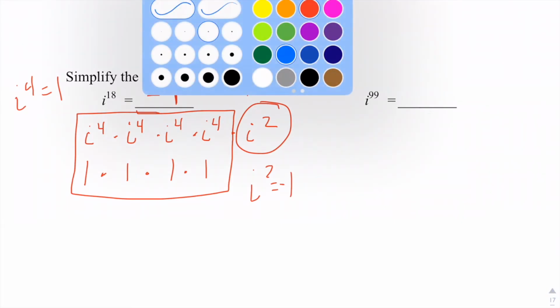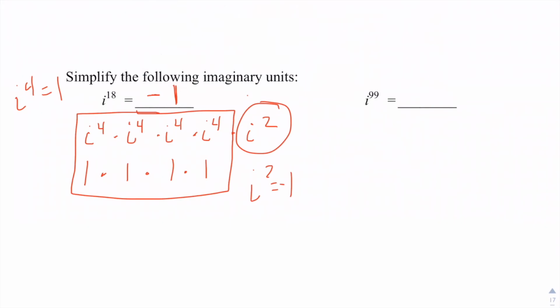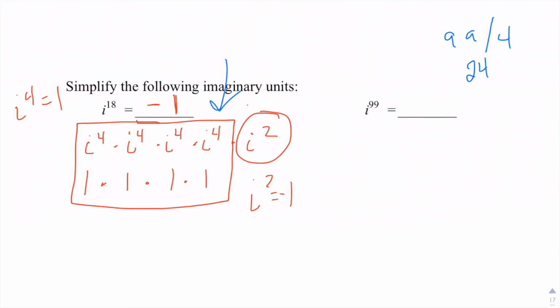So let's play with an even bigger number. We have i to the 99th. Now, I don't want to do this again, right? So I can use the power of a power rule for exponents. I can just go 99 divided by 4. 99 divided by 4 is 24.75, which means I have 24 i to the fourths, which are all going to be 1s.